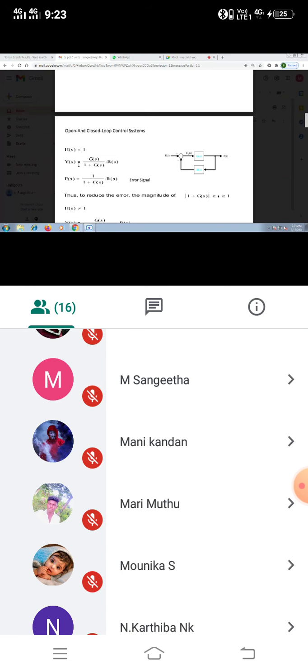Y of S by G of S equal to 1 by 1 plus G of S into R of S, because G of S moves to the left hand side denominator. So Y of S by G of S is called the error signal, or E of S.